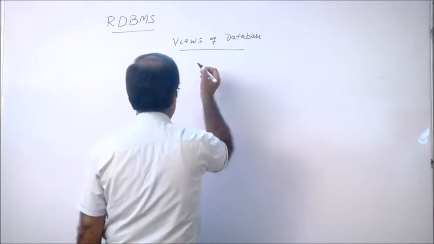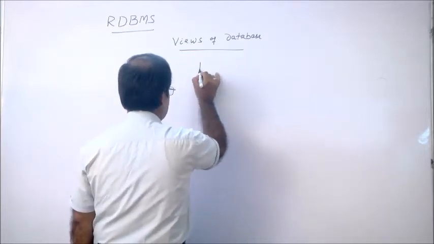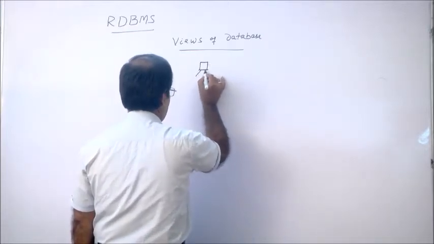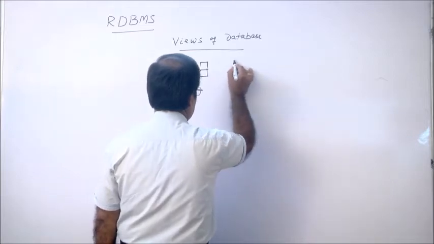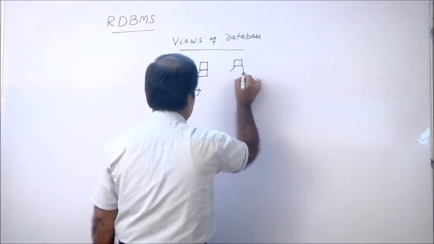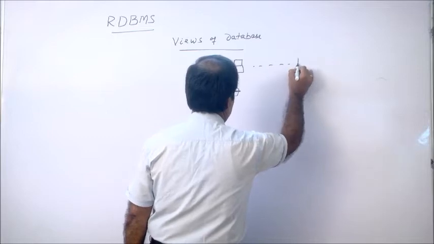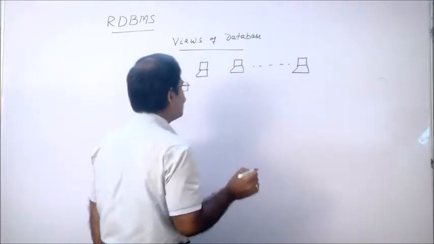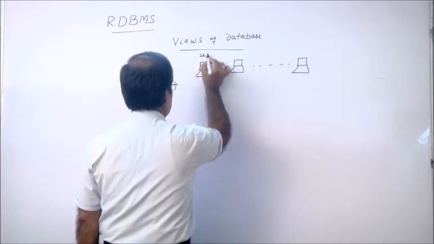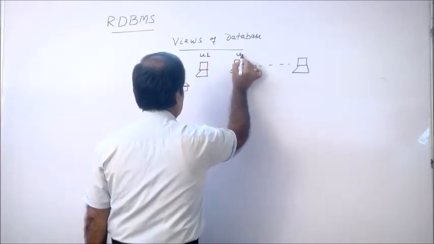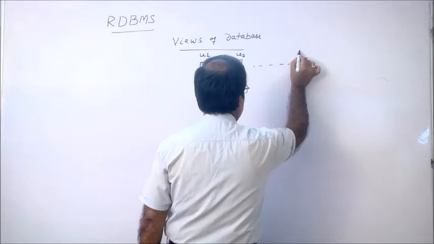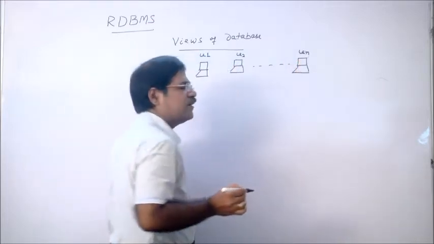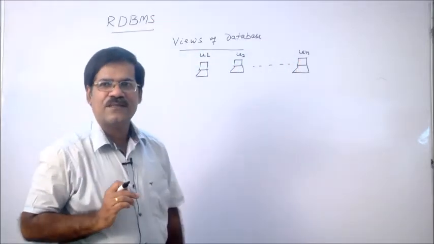Basically, as already discussed, there are different users: user 1, user 2, n number of users. Who are the users? We are the users. This is user 1, this is user 2, similarly user n.